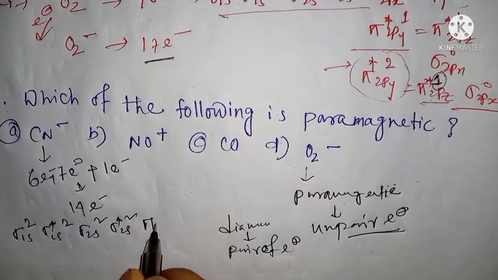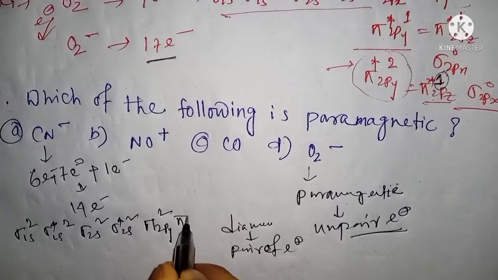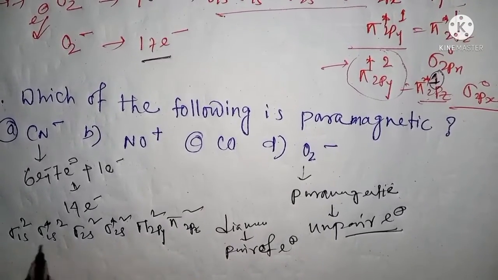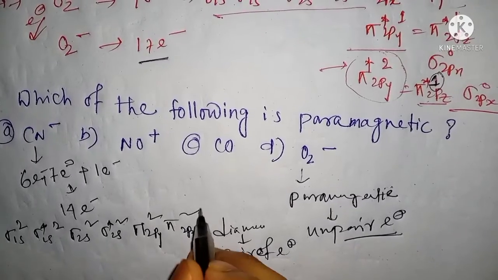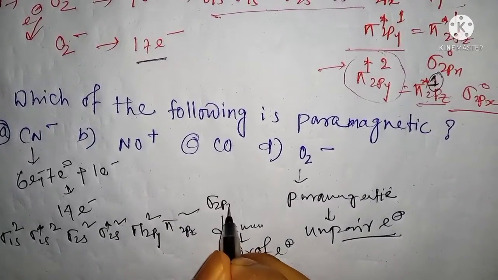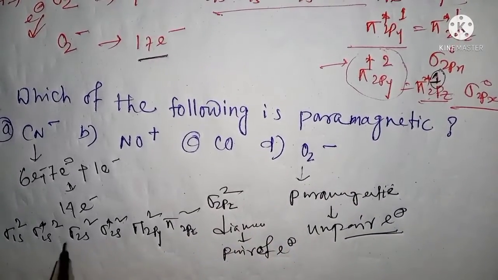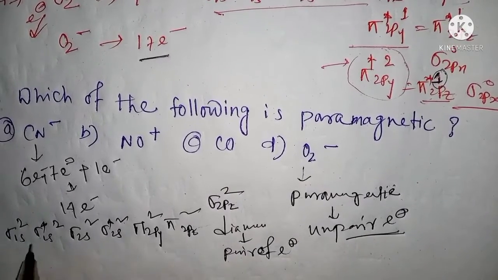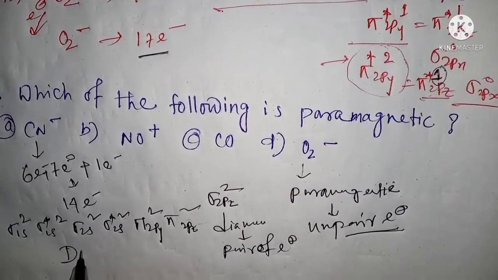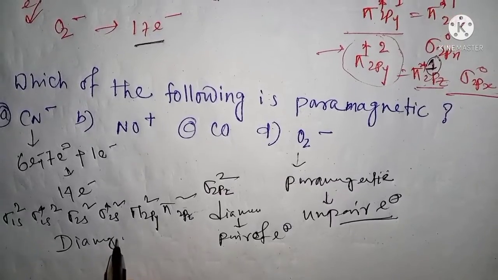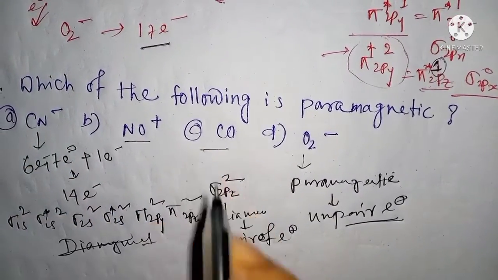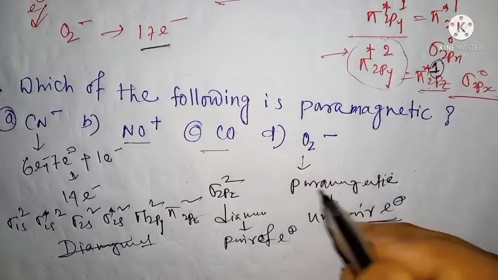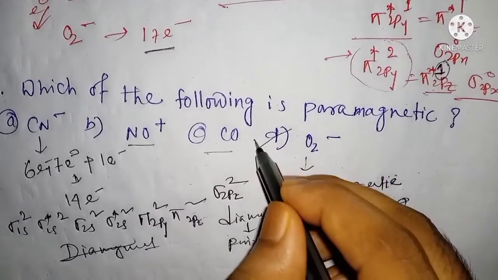Then added π2py2 and π2pz2, this is 2, 2, 4, 6, 8, 10, 12, and then σ2pz2. So here all are pairs of electrons. So this is diamagnetic in nature, and others, check NO+ and CO, all are diamagnetic, but O2- is paramagnetic. There is an unpaired electron. So option D is the right answer.